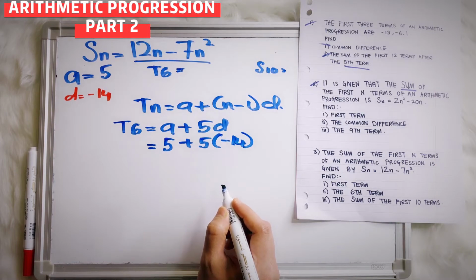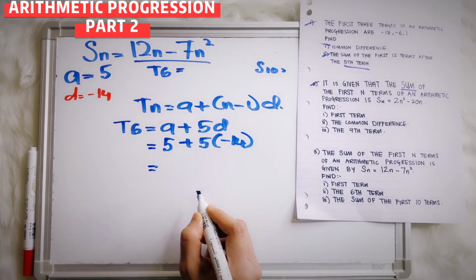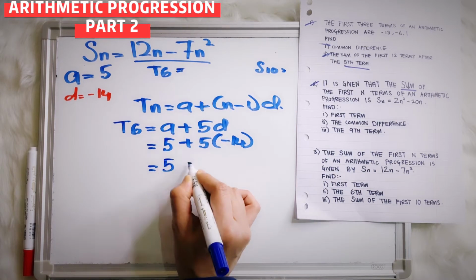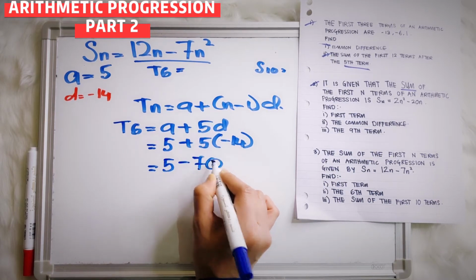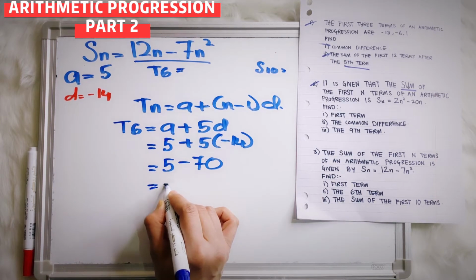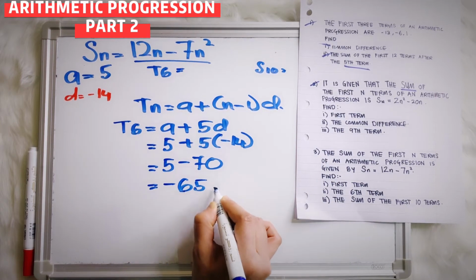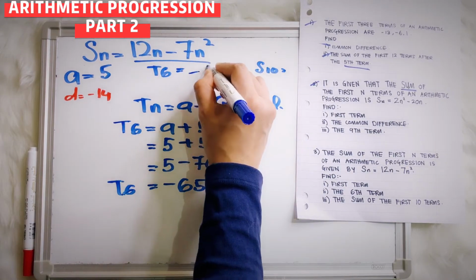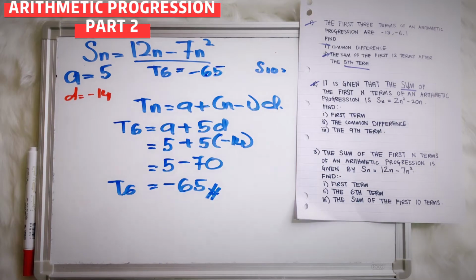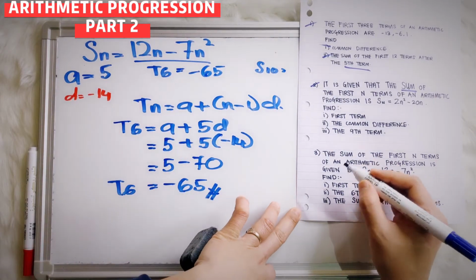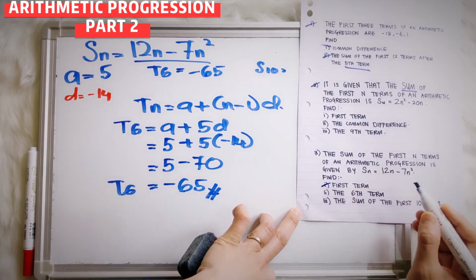Negative 14 multiplied with 5, we have negative 70. So we have negative 65. So this is our T6, negative 65.